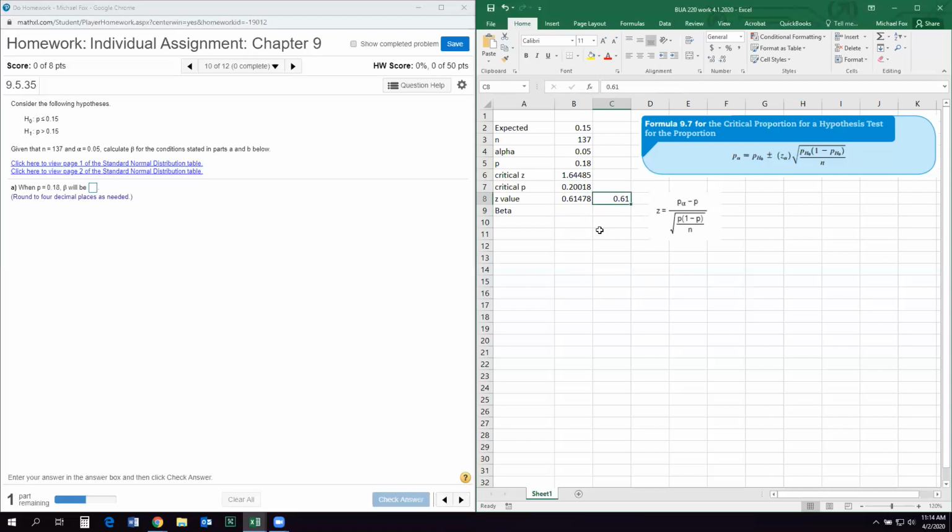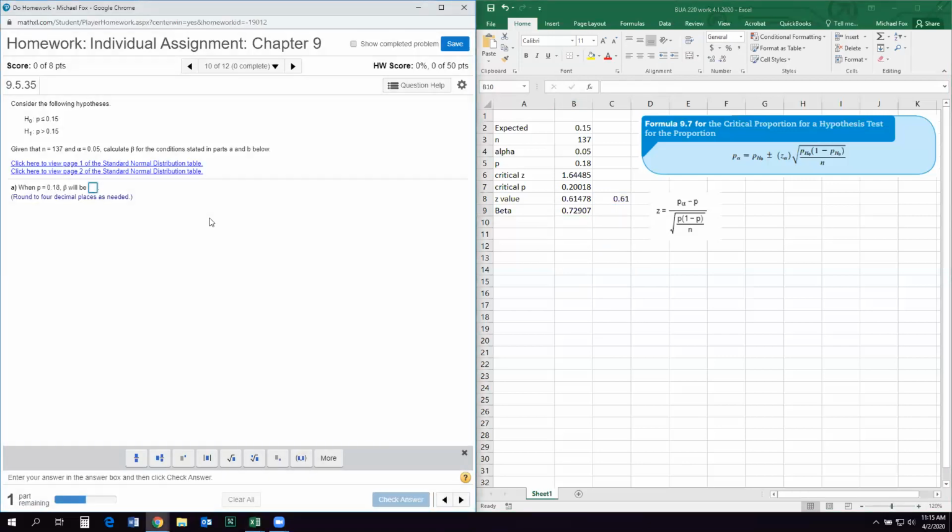So I'm just retyping it rounded to 2 decimals over here, 0.61, and then my beta right here is going to be norm.s.dist for this z-score of 0.61, and the cumulative is true. And that is the beta for p equals 0.18. To 4 decimal places, 0.7291.